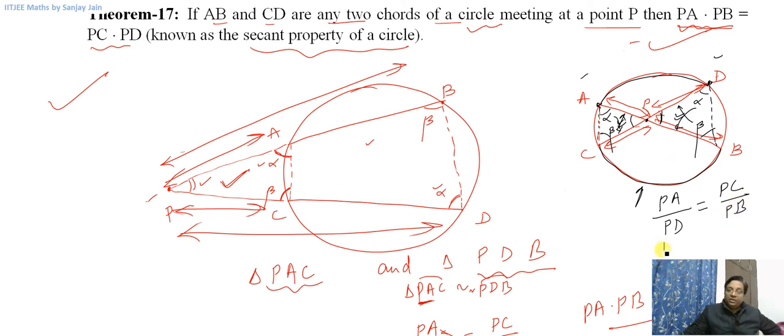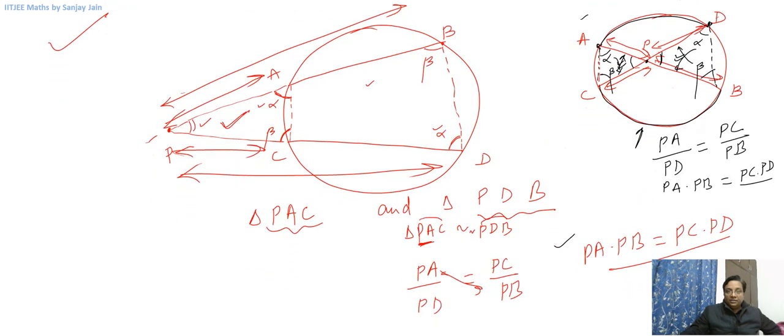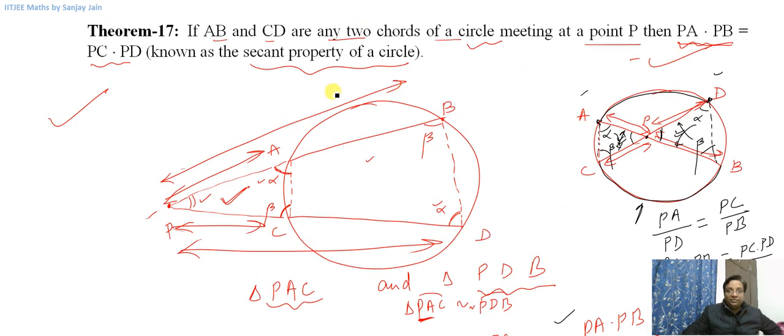Now if I cross multiply, I get PA into PB equals PC into PD. Again, the secant property of a circle is proved. So what have I proved here? That if I take any two chords and these chords meet at a point P, whether outside the circle or inside the circle, then PA into PB will be equal to PC into PD, which is the secant property of a circle.